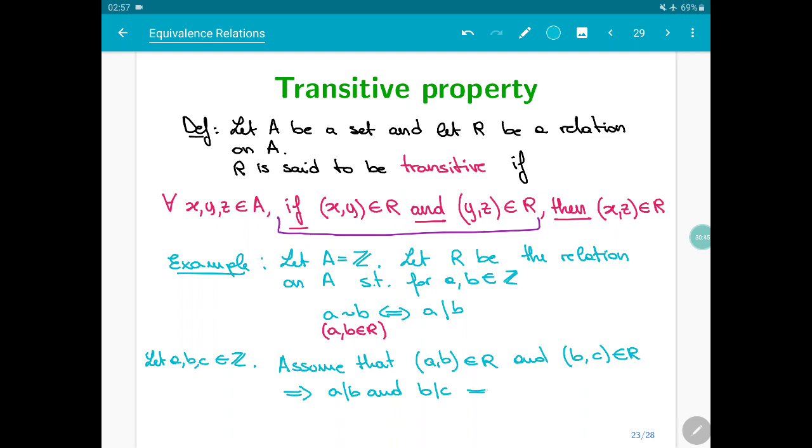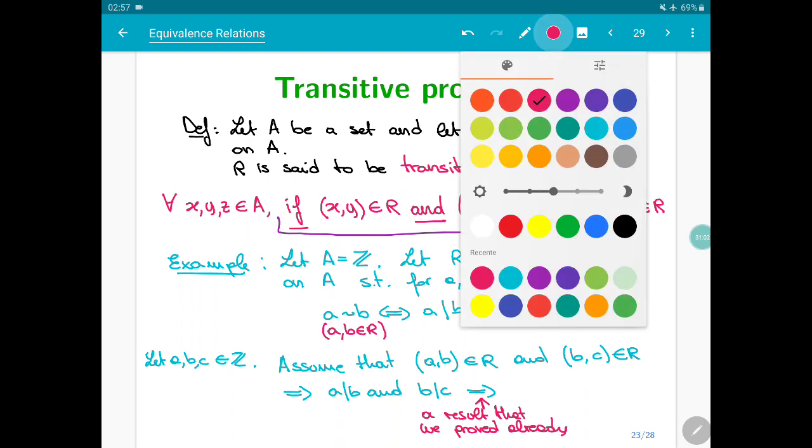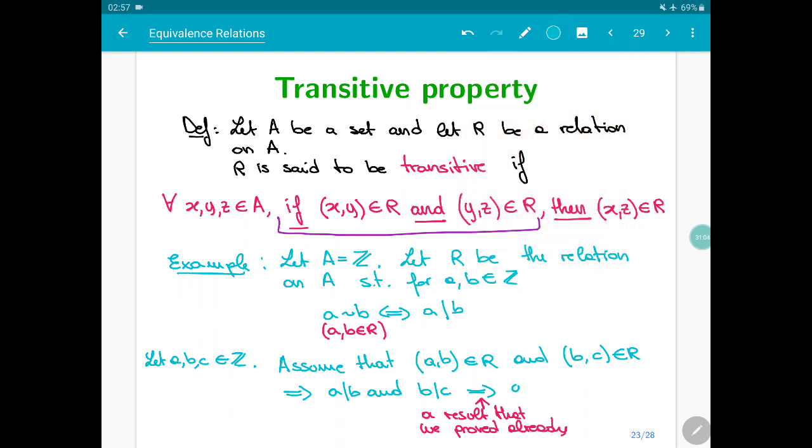And remember here that from a result that we have seen in class, that we proved already, actually in one of the homework, this implies that a divides c, and by definition this means that ac belongs to R, okay, which was the conclusion here.